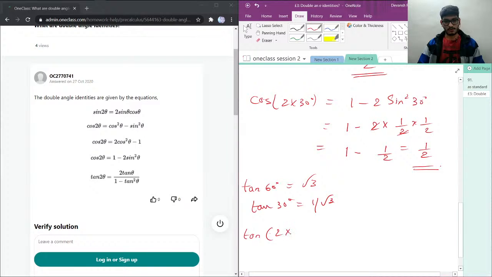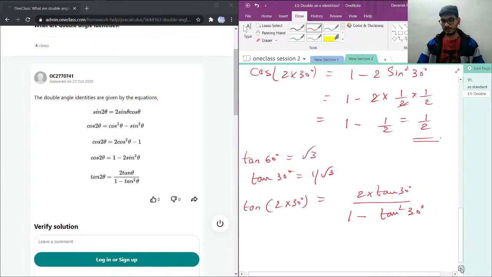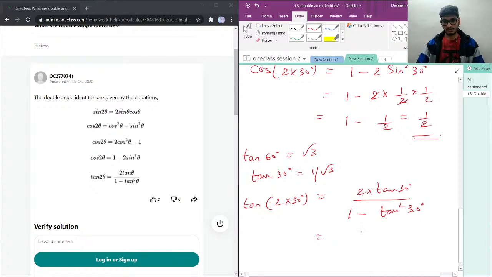Tangent of 2 times 30 degree is going to be 2 times tangent of 30 degree over 1 minus tangent square of 30 degree. This is going to be 2 times 1 over root 3 over 1 minus 1 over root 3 whole square.